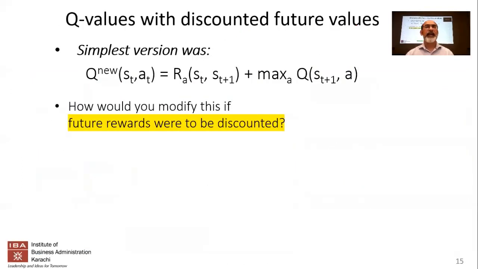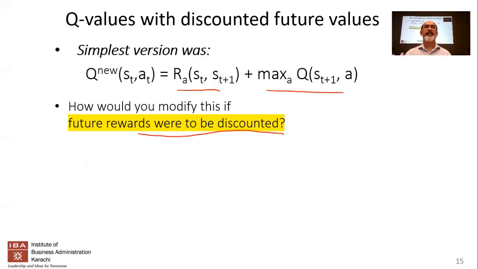Let's take a look at one more case, and this is also important. Now, Q values with discounted future values. So the simplest case was this, and now we've removed the uncertainty. And now the question is, how would you modify this if future rewards were to be discounted? In other words, we all know that a future reward is not necessarily the same thing as the current reward, right?